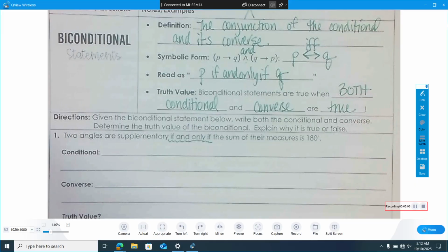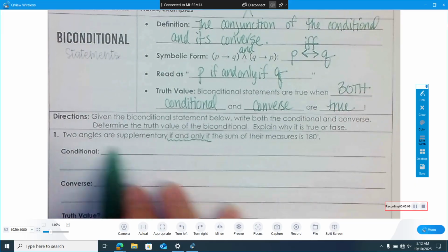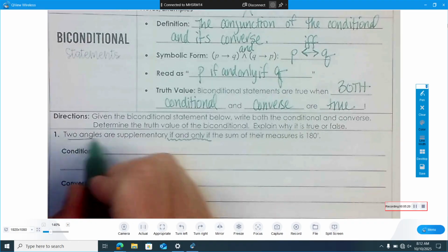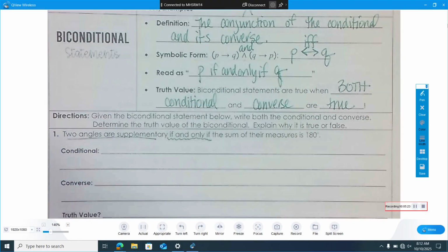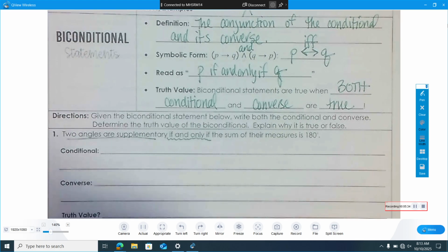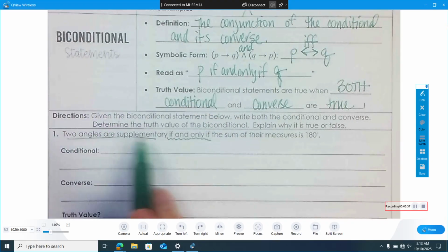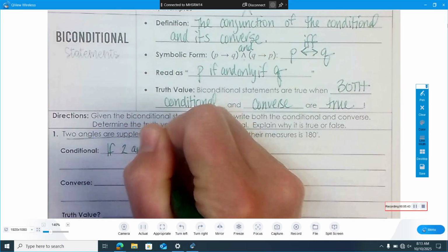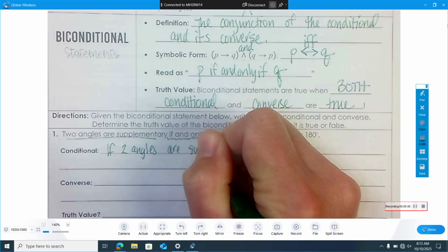So to write a conditional, we need an if, comma, then. So how are we going to translate this statement so that it says if, comma, then? If the sum of their measures is 180, then two angles are supplementary. And again, just like yesterday, I want you to say this part first. Did you start with supplementary or did you say 180? You started with the 180? Yeah. So if two angles are supplementary. There it is. Good. So we're going to read this with the first thing first.